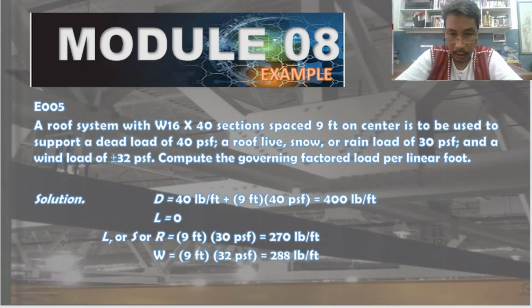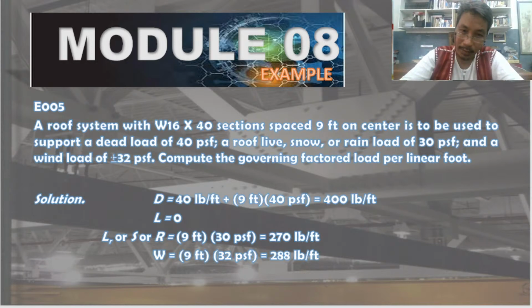Now, what about wind load? Wind load is 32, so 32 times 9. The wind will hit all of the element, the 9 on center. This is a roofing, so the wind will hit the roof. So 9 feet of roofing times 32, that is 288, and that is supposed to be plus minus 288.